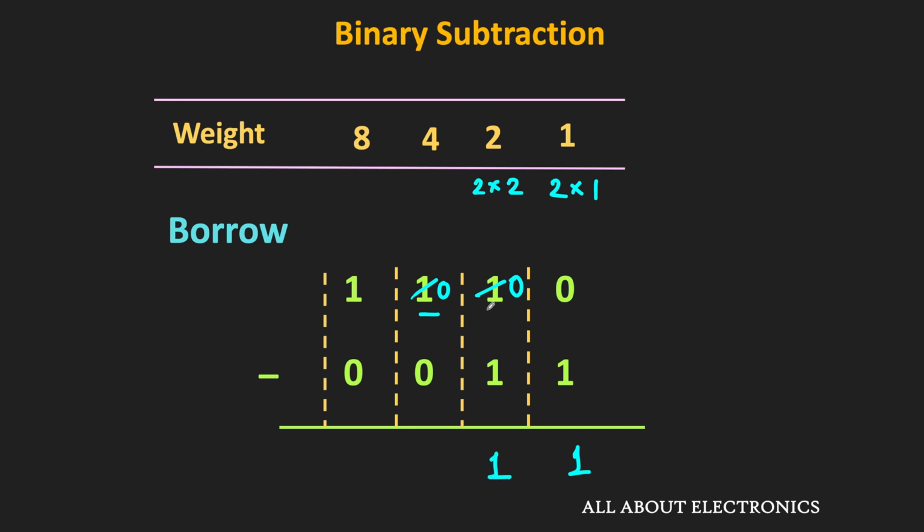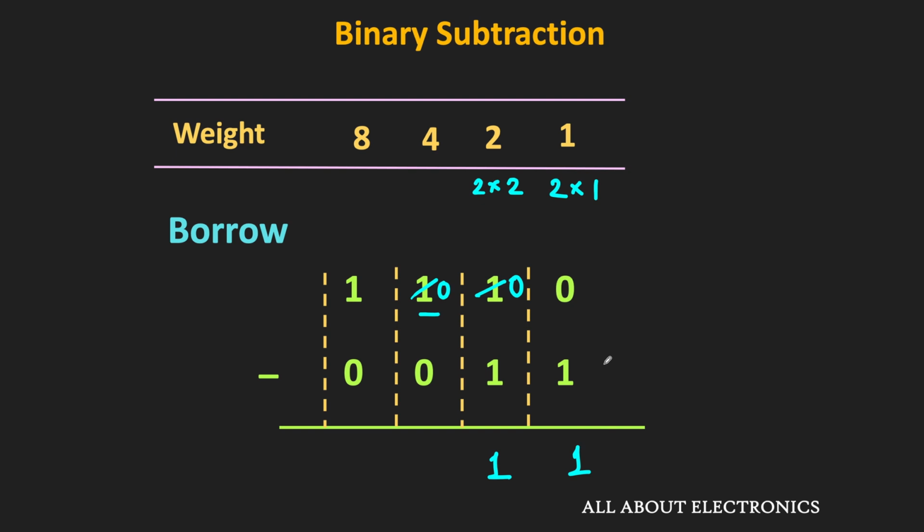So in short, whenever we are borrowing a 1 from the next column and putting it into that particular column, it is equal to 2, because in the binary number system, the weight of each digit is a power of 2. This is the one thing we need to keep in mind while performing binary subtraction.